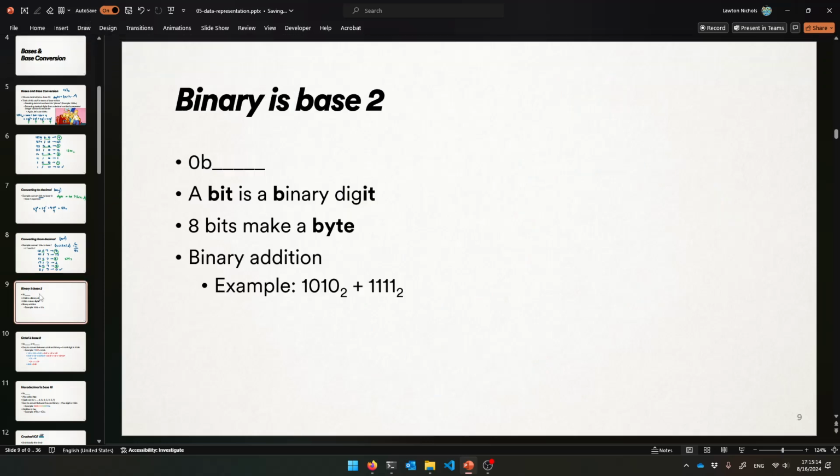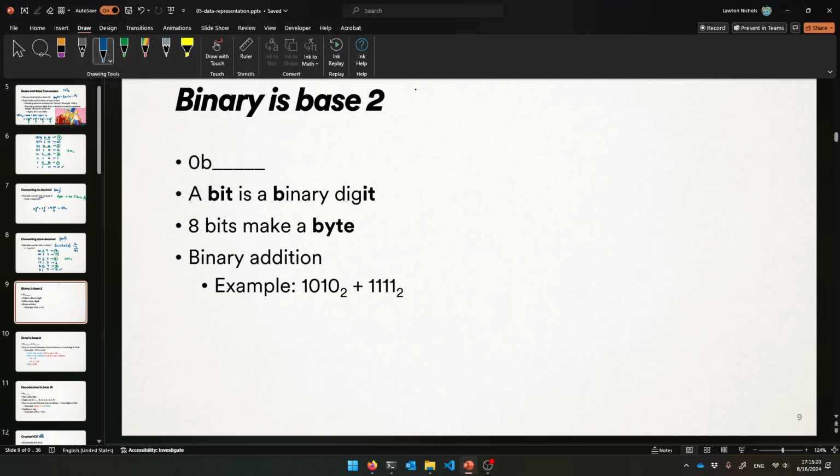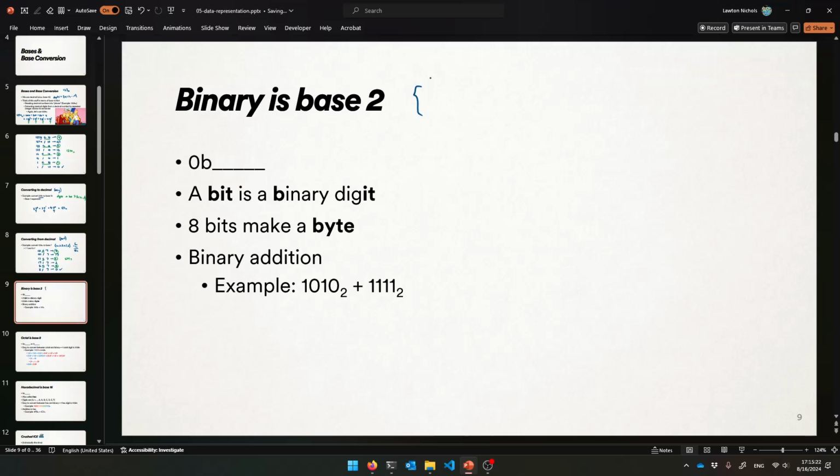Okay, we care about binary, of course, in this class. That's base 2, and we get 2 digits to work with in each place. So all the digits you get in binary are 0 and 1, which hopefully makes sense. And so numbers look kind of like this in binary, base 2.